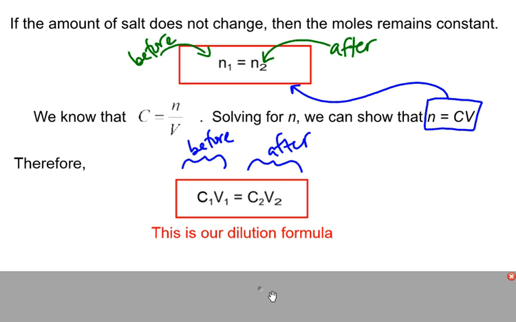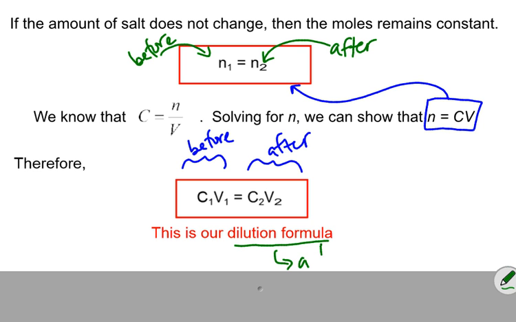Now the thing that you guys have to remember about this, it seems really easy right now, and it is. It's an easy concept. All we're going to do is plug in some numbers and we should be good to go. The thing that people forget is that this is a dilution formula. The only time I'm allowed to use this equation is when the only thing I'm adding is water.